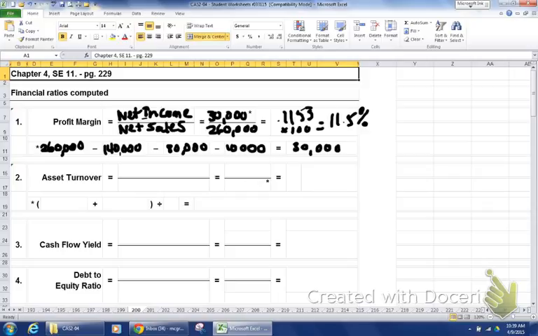Let's look at our asset turnover ratio. The formula for the asset turnover ratio is net sales divided by the average total assets. And if you recall, in order to get the average total assets, we need to use our beginning assets and our ending assets and divide that by 2, okay?